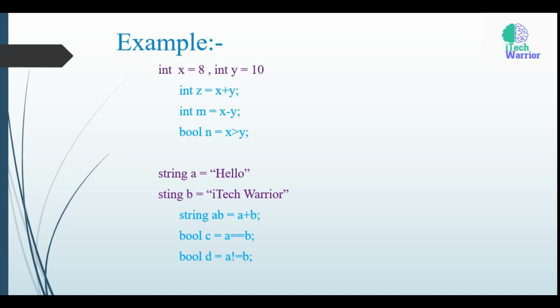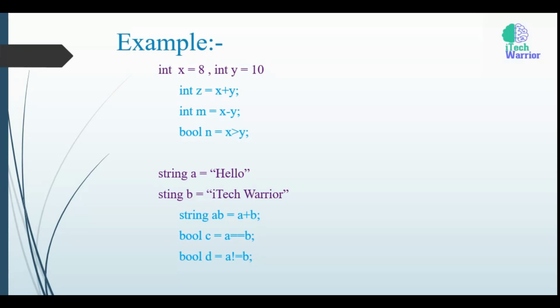Here you can see two examples. In the first example, x equals 8 and y equals 10, and there are three statements: int z equals x plus y, int m equals x minus y, and boolean n equals x greater than y, with the values of x and y used in every statement.